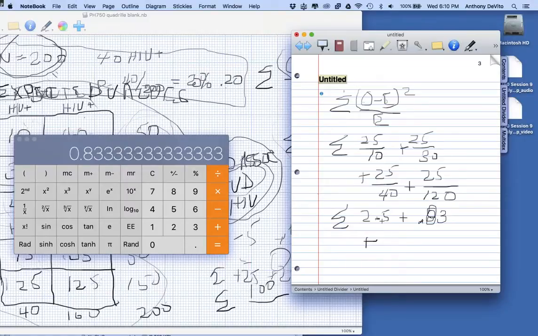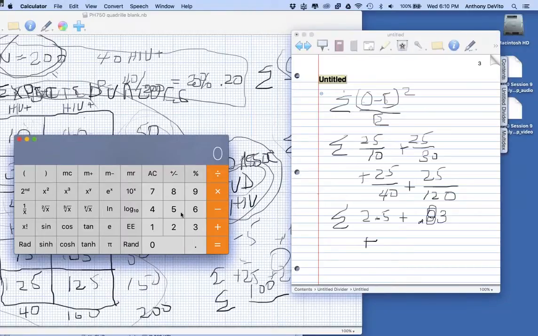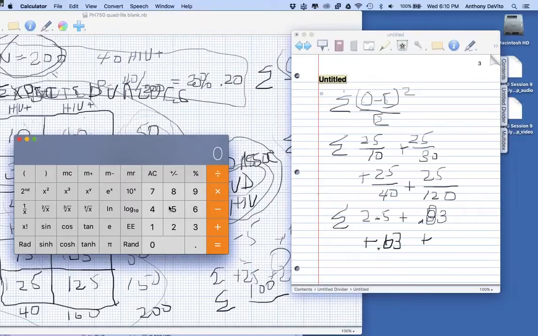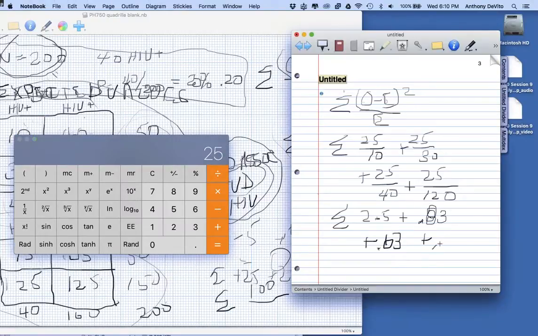Plus 25 over 40, which is 0.625. I'm going to call that 0.63. Plus 25 over 120, which is 0.208. I'll just call it 0.21.